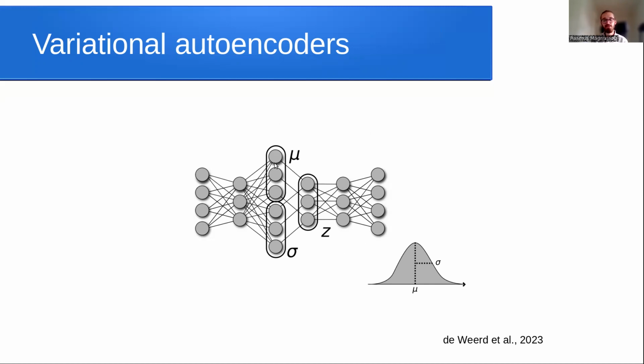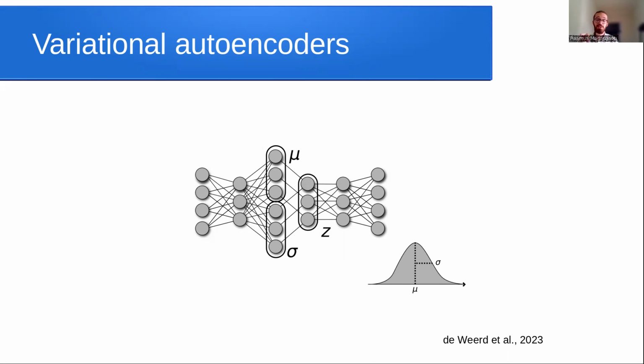You have a mean value, a mu, and you have a standard deviation from that mu, such that each time you pass data from the input layer to the output layer, you actually get a random sampling from this distribution. And that is a very, very important development that has enabled a lot of research into being more easily able to extract these hidden structures that we have in data.